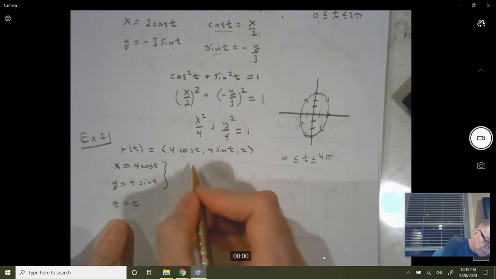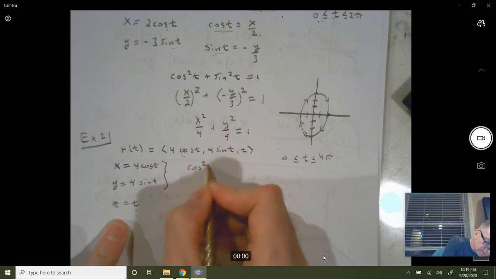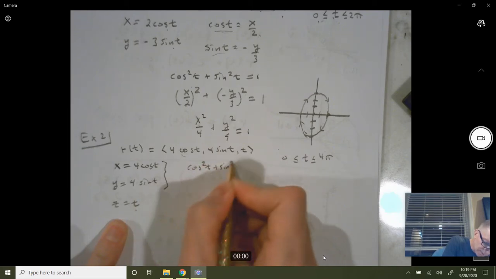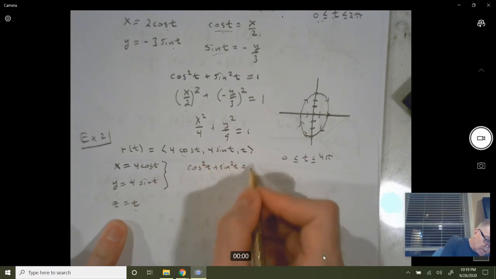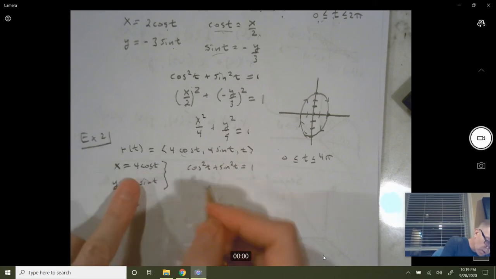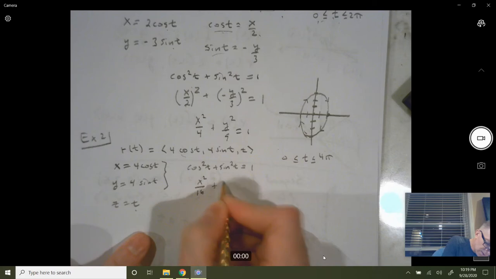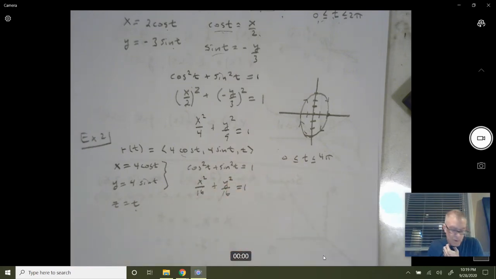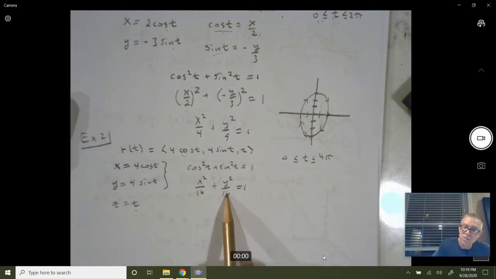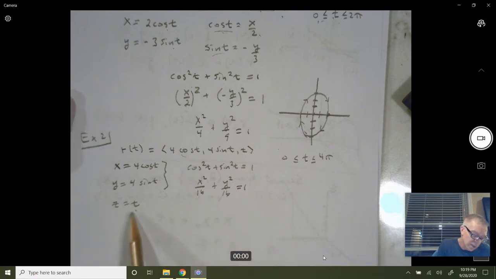We can look at these two together. You can again do cosine squared t plus sine squared t, which is equal to 1. But cosine t is going to be x over 4. So squaring that, x squared over 16 plus y squared over 16 is equal to 1. Well, that's a circle if you're on a plane, but we're not on a plane.